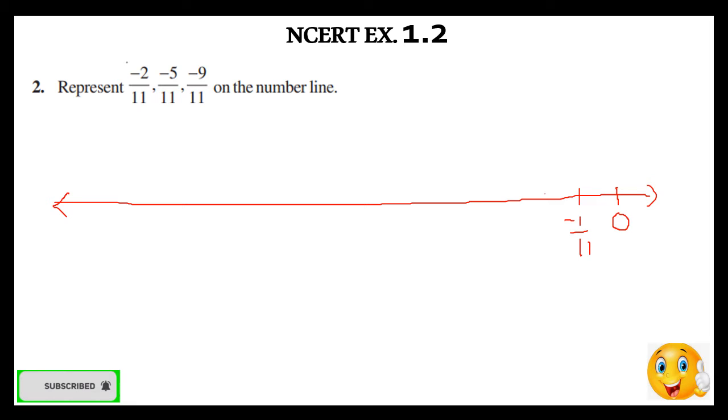Then we have minus 2 upon 11, minus 3 upon 11. Then we have minus 4 upon 11, minus 5 upon 11. Then we have minus 6 by 11.